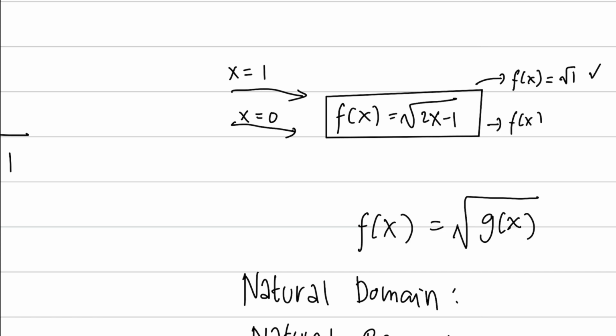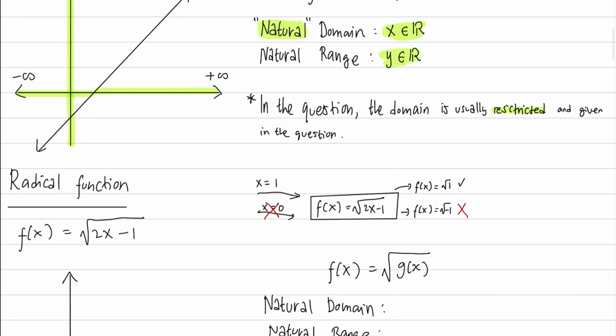Your f(x) will become √(-1), which is once again a math error. That means not all values of x can be put into our function. So the natural domain is not all real numbers.